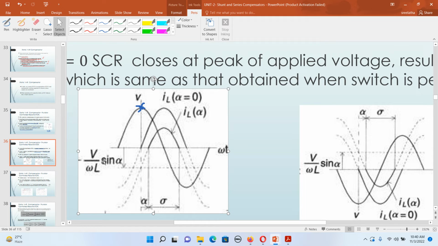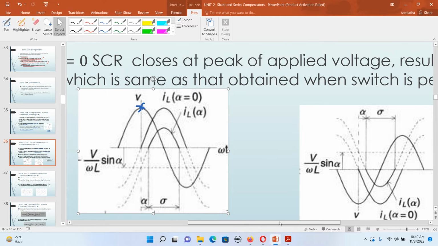And when the firing angle is 90, that means it is the maximum impedance that you get.